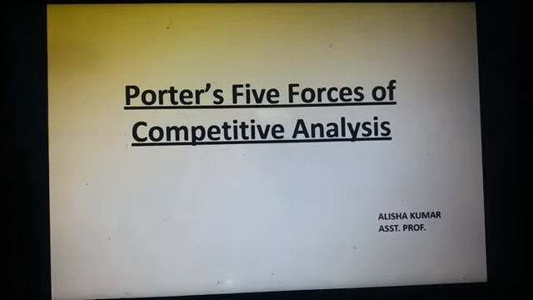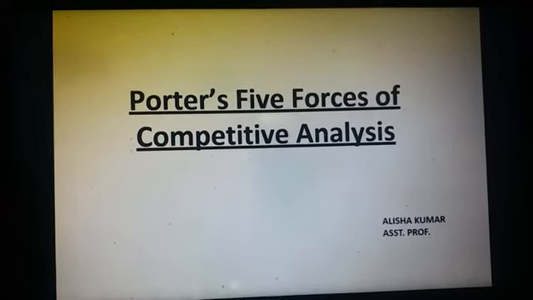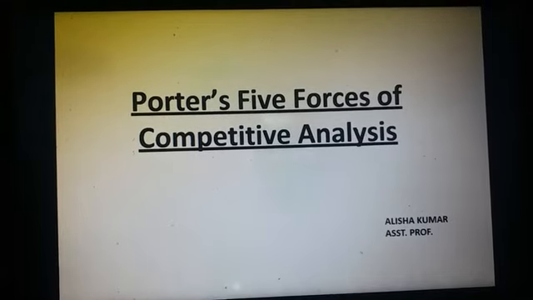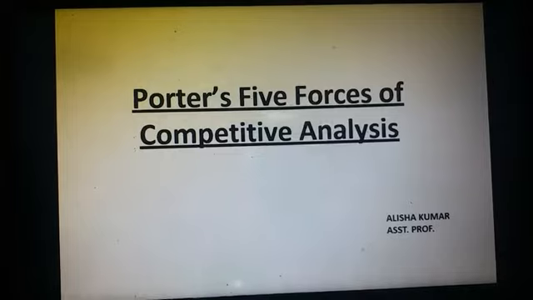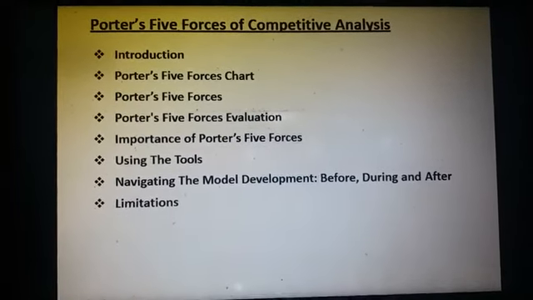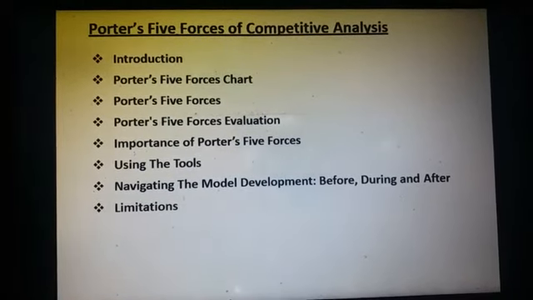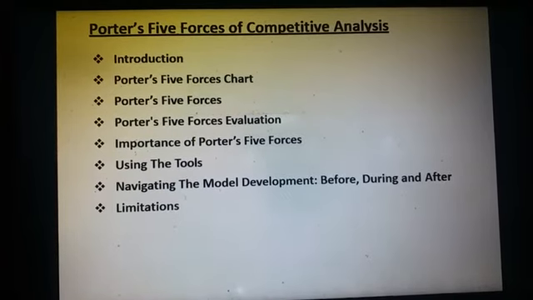So today we'll be starting with a new concept known as Porter's five forces of competitive analysis in marketing management. The layout of this session would be, first of all, the introduction part.